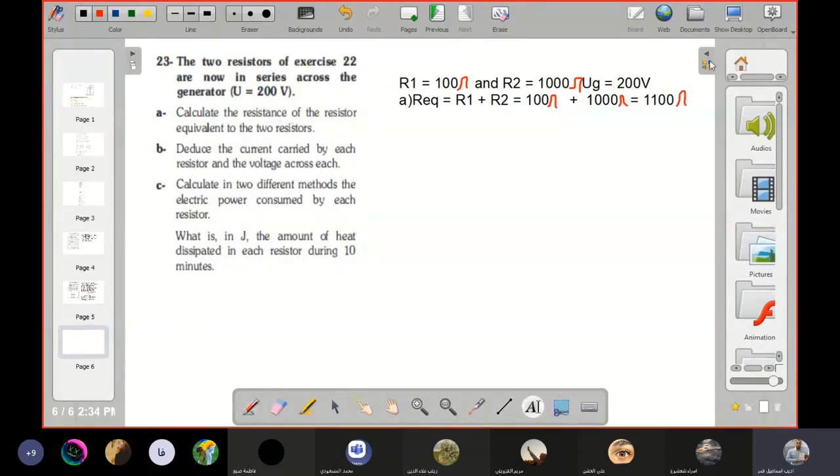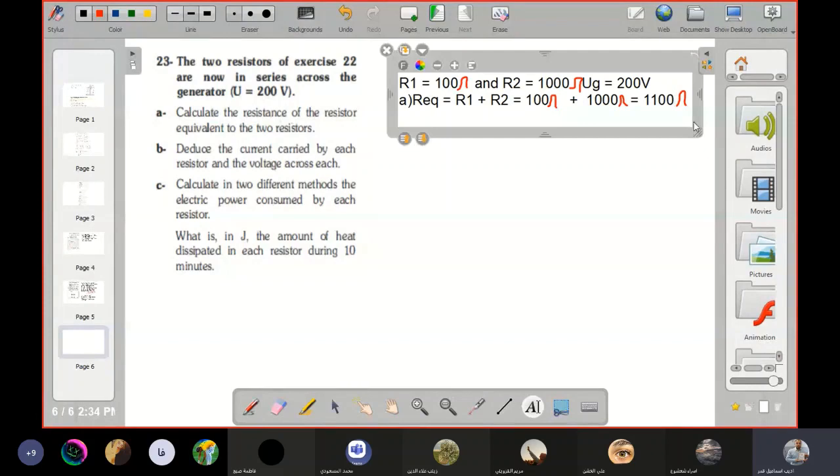And what do we say here? This is the grouping of resistors in series. This is part A.